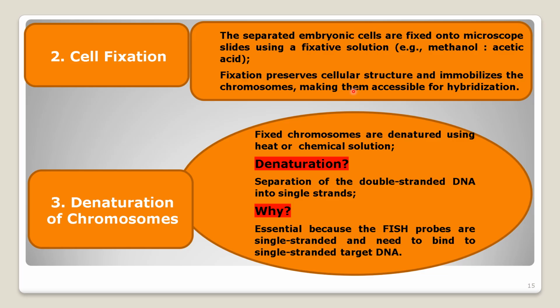The next stage is the denaturation of the chromosomes, during which the fixed chromosomes are denatured using heat or chemical solution. So why are we denaturing? So that we can separate the double-stranded DNA into single-stranded ones. Why do we need single-stranded DNA? This is essential because the FISH probes are single-stranded and need to bind to single-stranded target DNA.